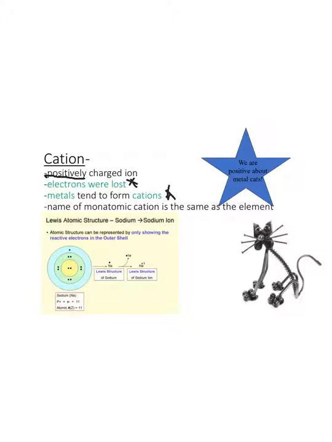We don't have to do anything to it, which is super easy and super convenient for us. If you remember or were taught, cations get smaller in size than their neutral atoms. So it's tiny happy cats, or we are positive about metal cats.